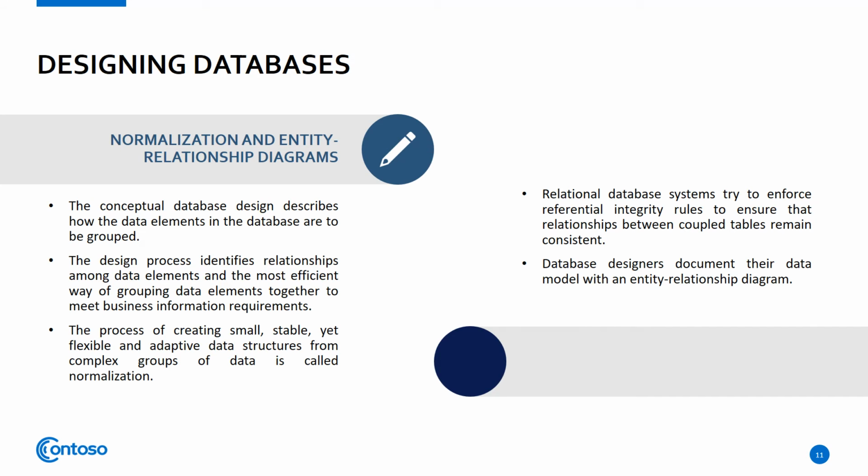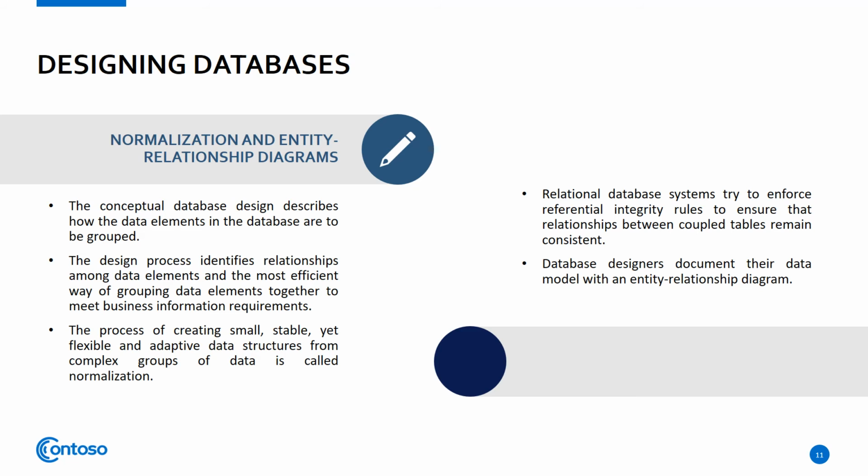Next is designing databases. In designing databases, we will go through normalization and entity relationship diagrams. The conceptual database design describes how the data elements in the database are to be grouped.